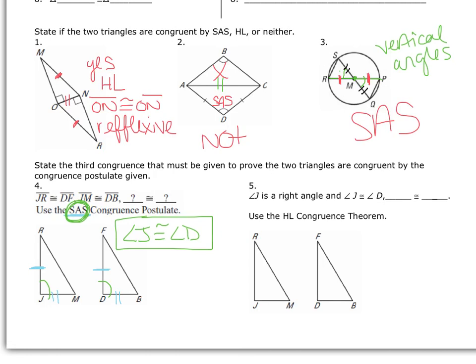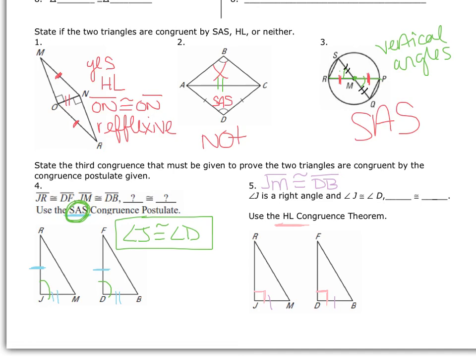Next one. There's a little piece of information that's missing here, so I need to give you some extra information. It was left off that JM is congruent to DB. You also know that angle J is a right angle and that J and D are congruent. You must use HL.